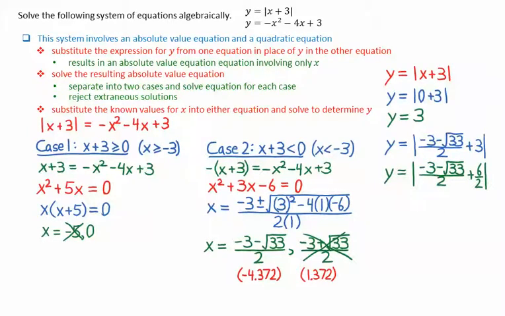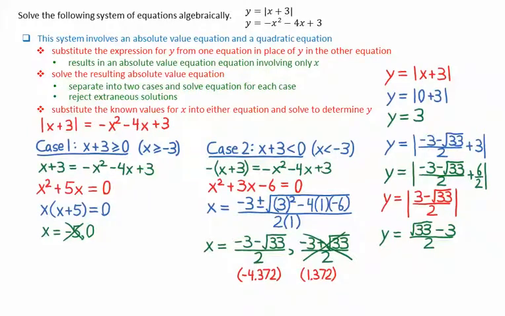We can then combine the numerators, giving y equals the absolute value of (3 minus root 33) over 2. Note that this expression inside the absolute value would be negative. We then have to change the sign to positive, giving us y equals (root 33 minus 3) divided by 2.